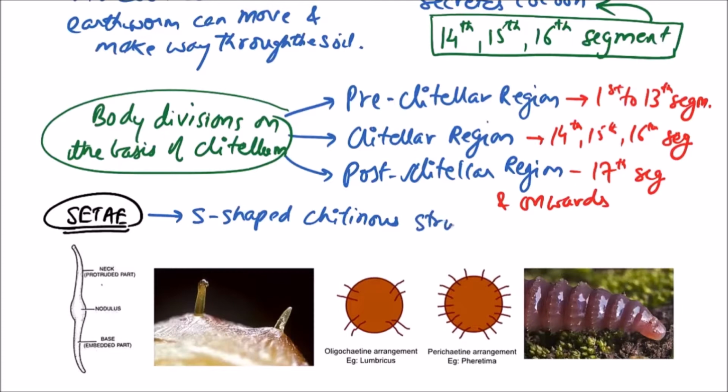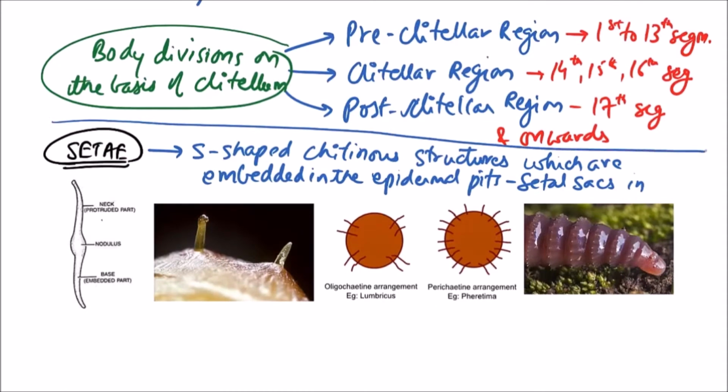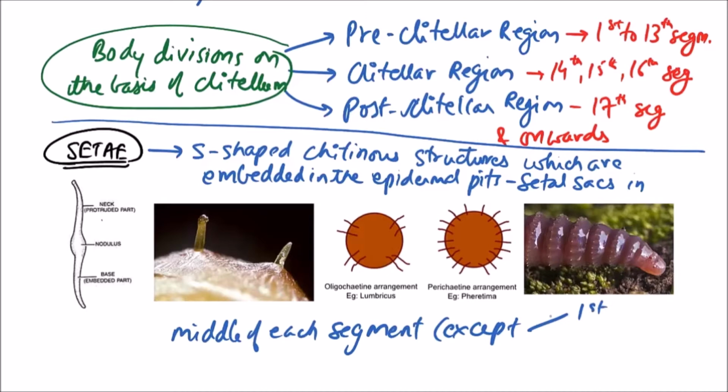So S-shaped chitinous structures which are embedded in the epidermal pits known as setal sacs in middle of each segment, except first, clitellar and last segments.